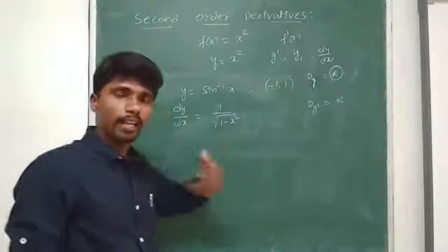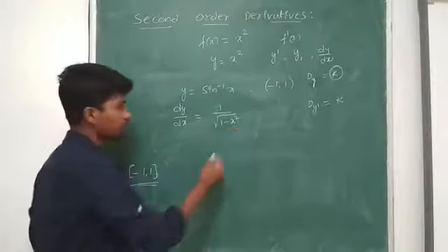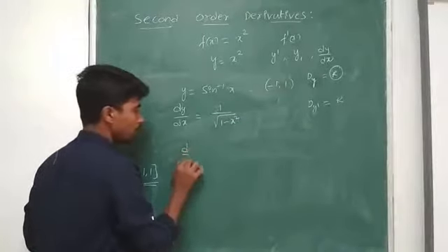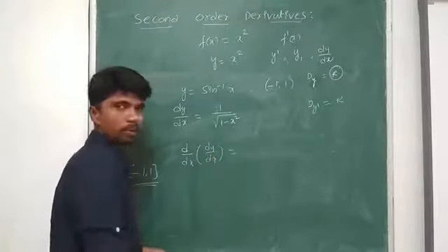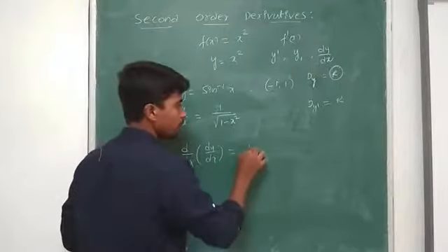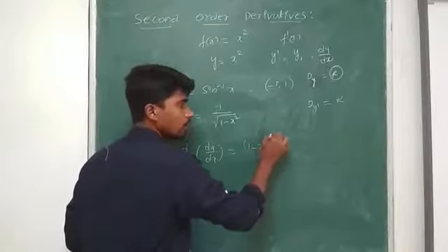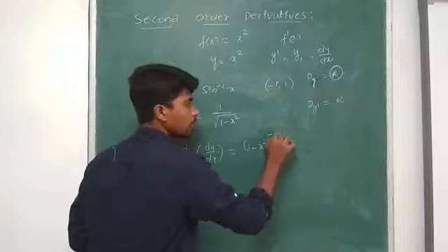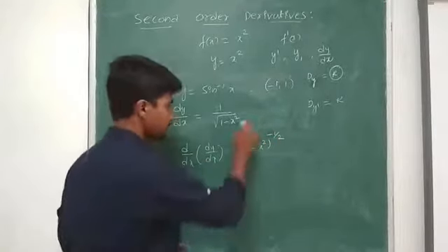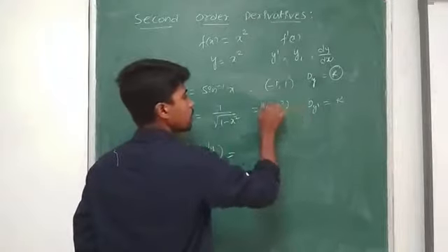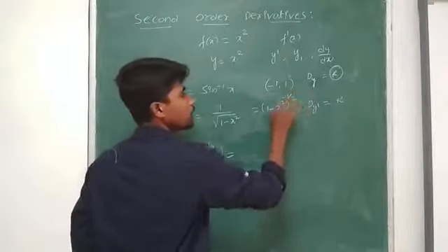Right. Now I differentiate this again. So d by dx of dy by dx: this one is in the form of 1 minus x square whole power minus 1 by 2.